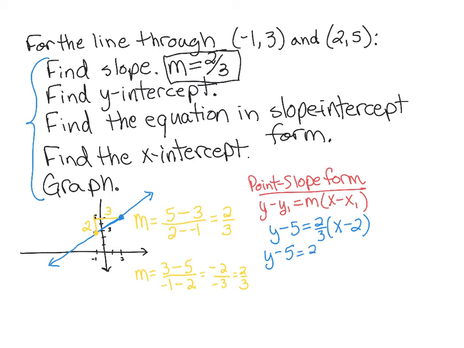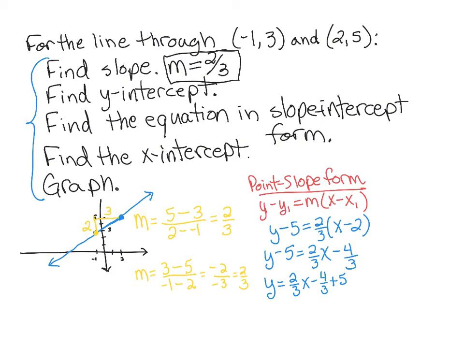So I'm going to distribute the 2/3 to the x, that's mx, and then minus 2 times 2/3 is 4/3. Now I have to isolate the y, so I get 2/3 x minus 4/3 that was there, and now I'm going to add 5.